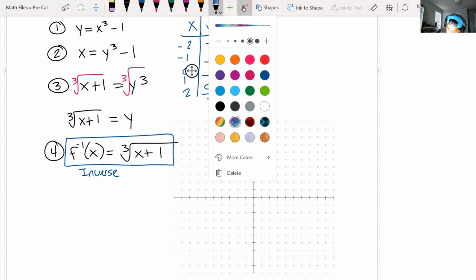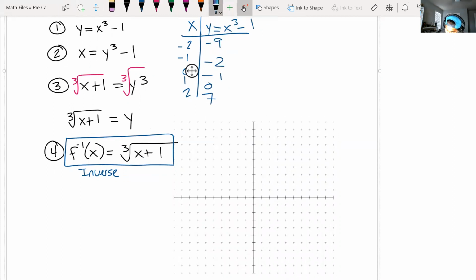There we go. -2, -9, which is right there. -1, -2; 0, -1; 1, 0; and 2, 7, right there. Here is what f of x looks like.